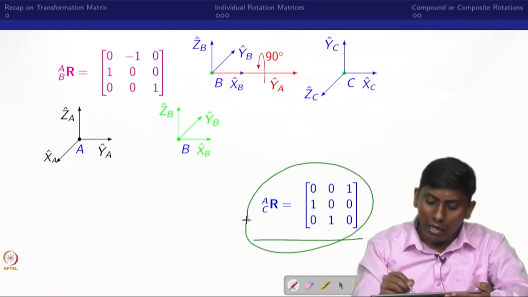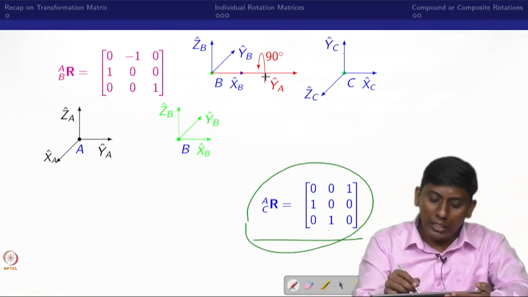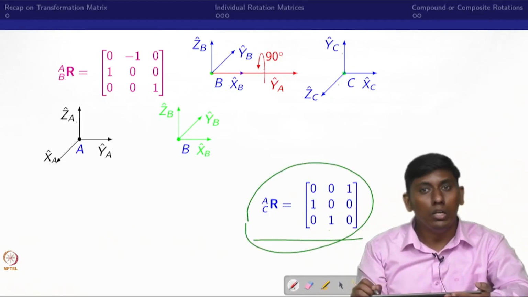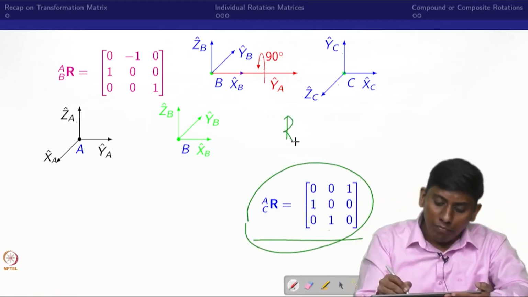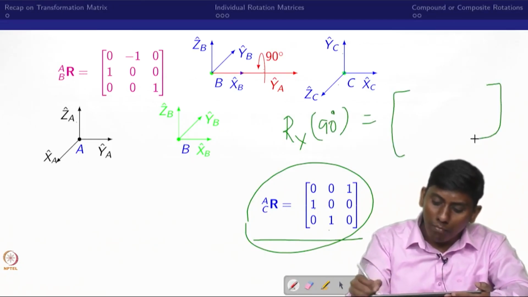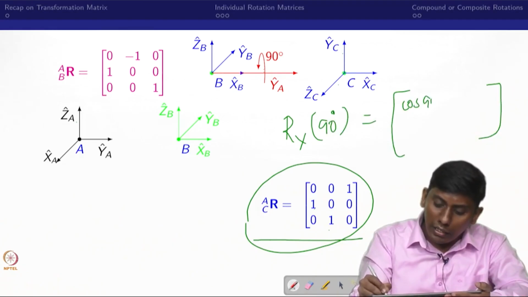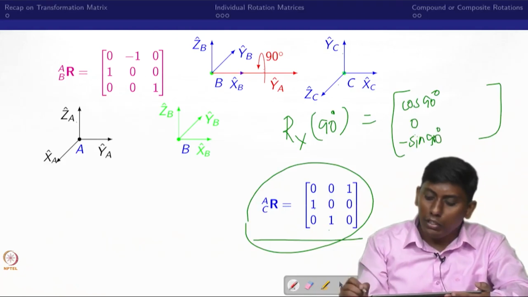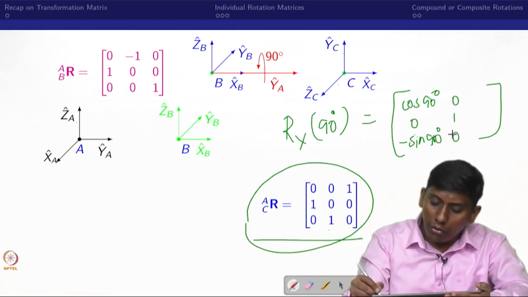So this is the final matrix which we obtained, but what we did was rotate with respect to YA by 90 degrees. You recall it is written as cos 90 degrees, so 0, then minus sin 90 degrees, right. That is why I derived the individual matrix. So 0 1 0, then sin 90 and 0 cos 90, right.